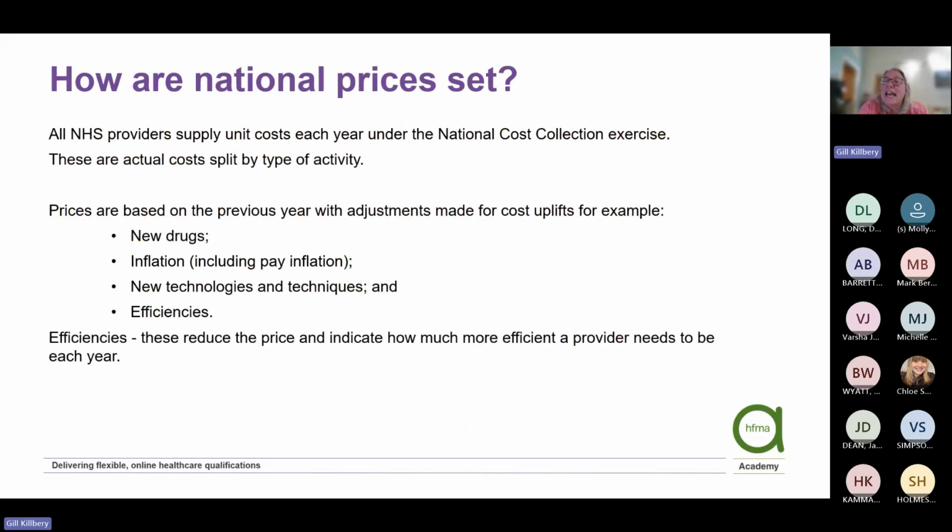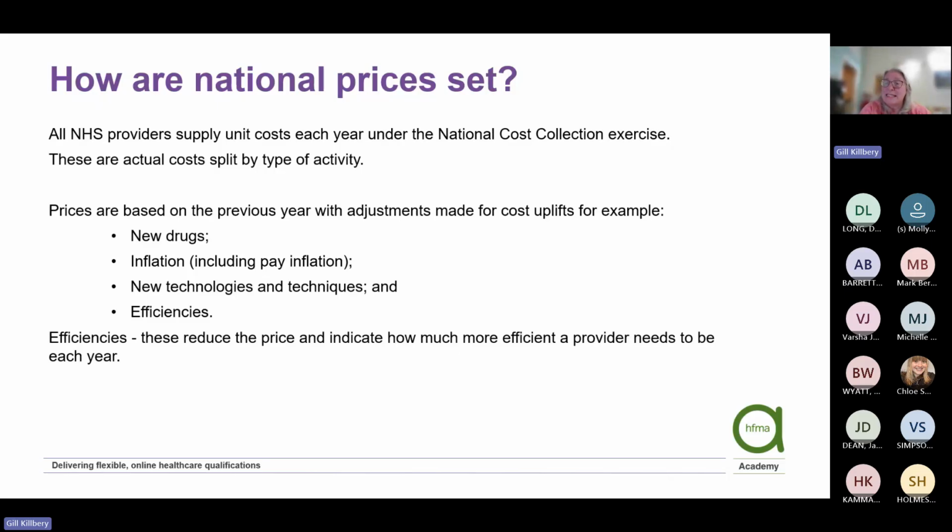There's a national cost collection exercise. So first place, it goes back to what the actual costs of provision are. And all providers provide information to Central on an annual basis. At some points it's been quarterly. It used to be called reference costs.